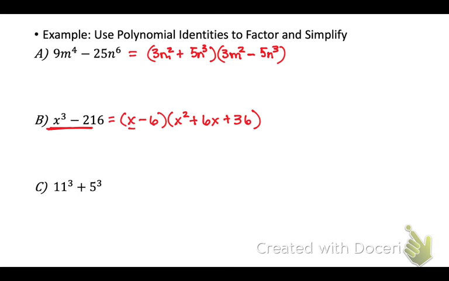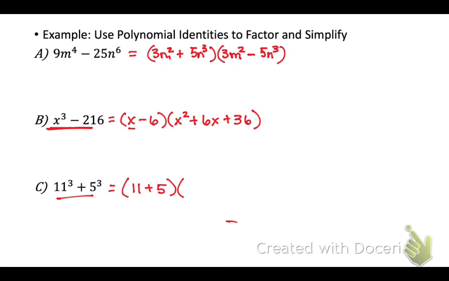Okay, next one. Do I have perfect cubes? Yeah, because they say cubed. So the cube root of 11 cubed is just 11, same sign, and 5. This is quicker because I don't want to cube numbers.